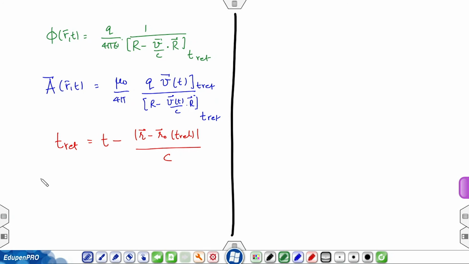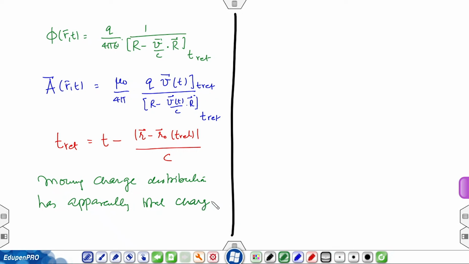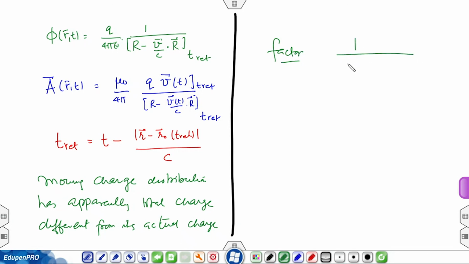And we have also seen how this is physically interpreted. A moving charge distribution has apparently a total charge different from its actual charge, and that is shown by this factor of 1 over 1 minus v dot n over c.